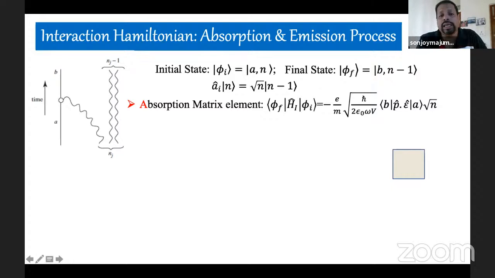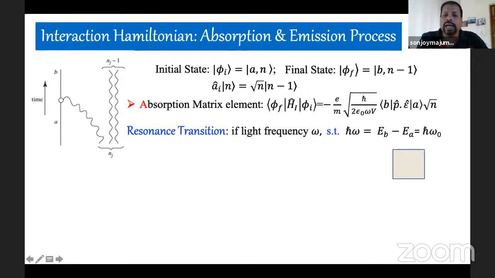For absorption, it is an annihilation operator, so I should write B. That B, the annihilation operator acting on n, will give you n minus 1. B dagger will not contribute because it's absorption. So you will get a P factor times the square root of n because of this transformation of n to n minus 1. I believe we have understood how we can write the absorption matrix element.